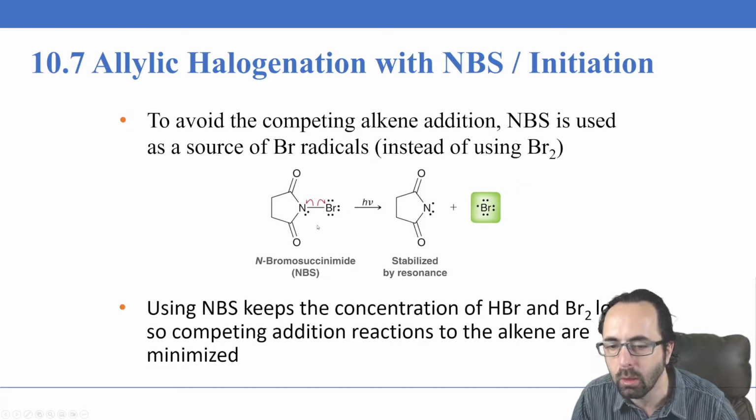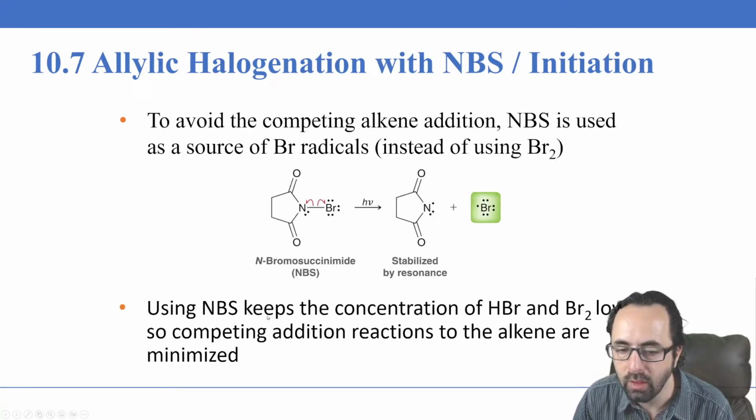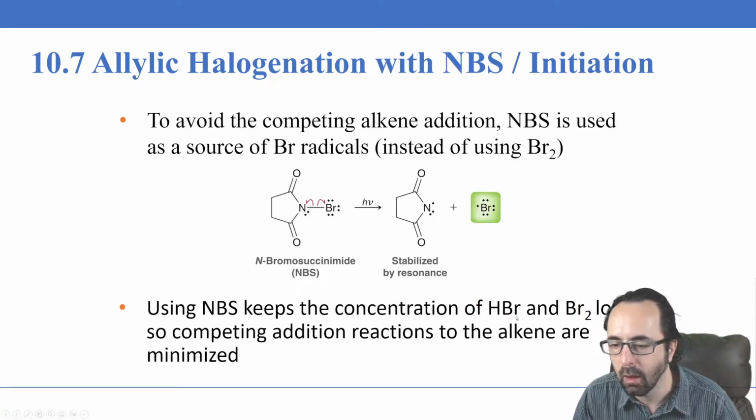Instead, we use N-bromosuccinimide, abbreviated NBS, and this provides us one bromine radical, which can then be involved in the radical substitution instead of having Br2, which would ultimately give us the addition of bromine. So using NBS keeps the concentration of HBr and bromine low, so we don't have to worry about competing hydrohalogenations or halogen addition reactions occurring.